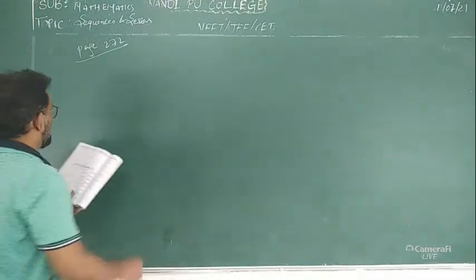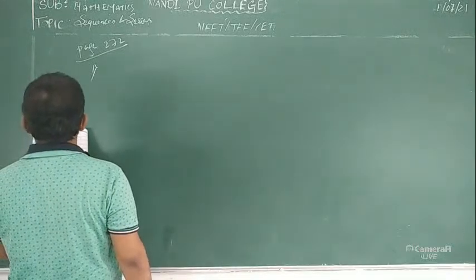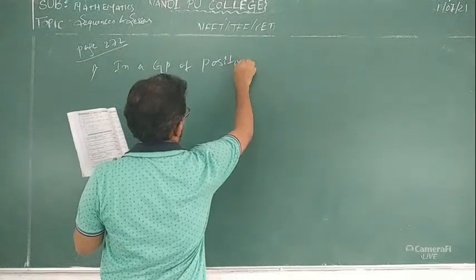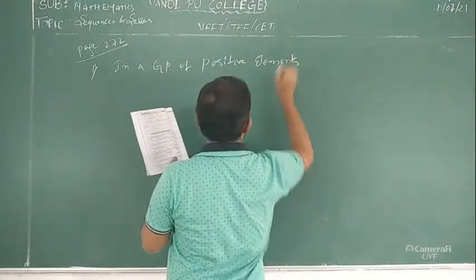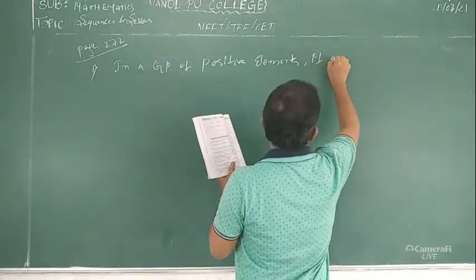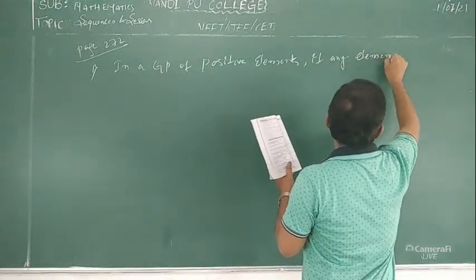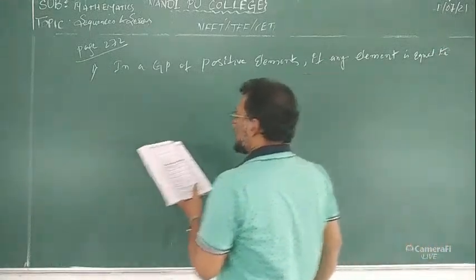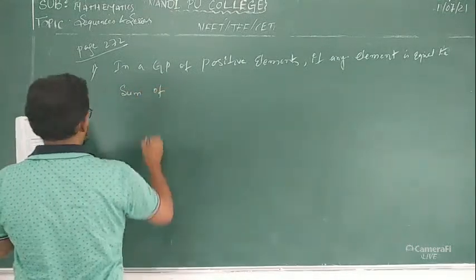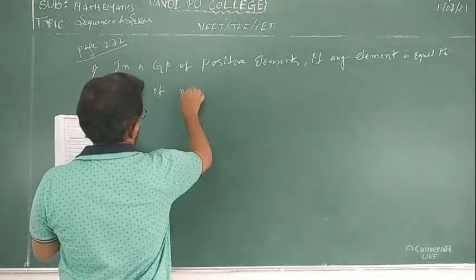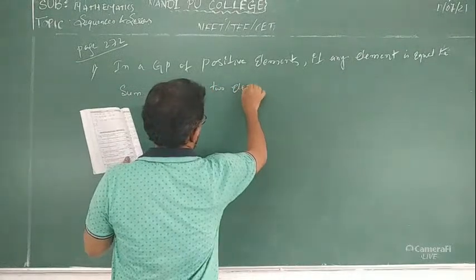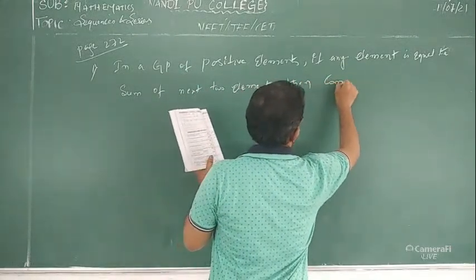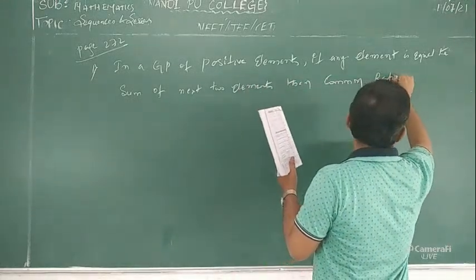So first one, first bit. In a GP of positive elements, if any element is equal to the sum of the next two elements, then the common ratio is equal to dash.